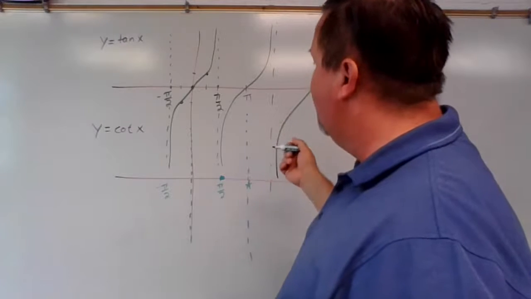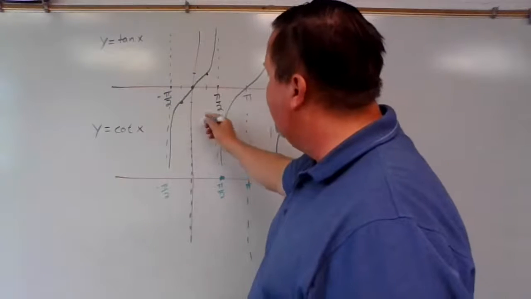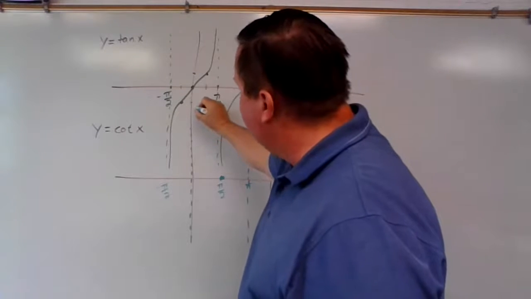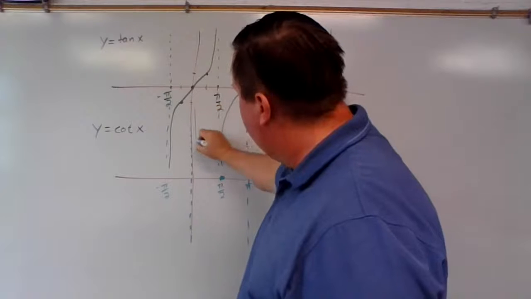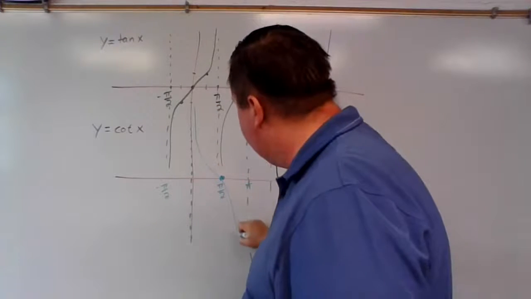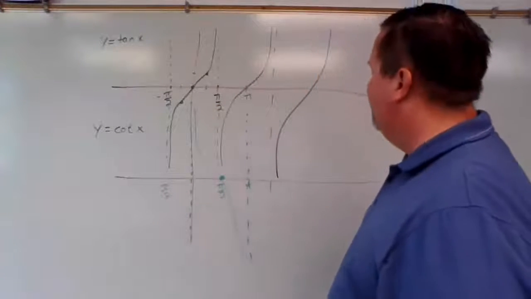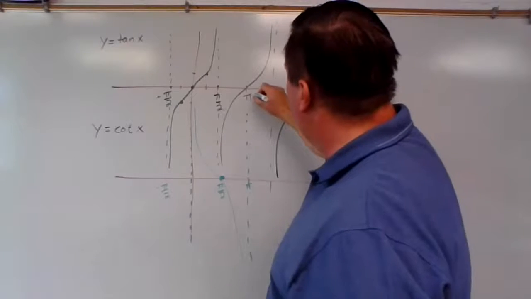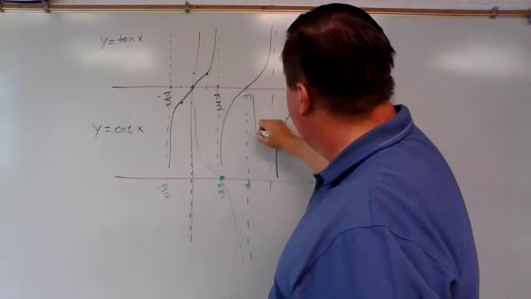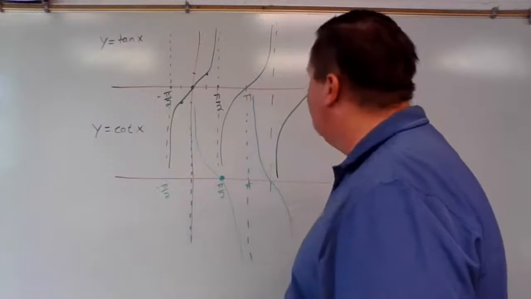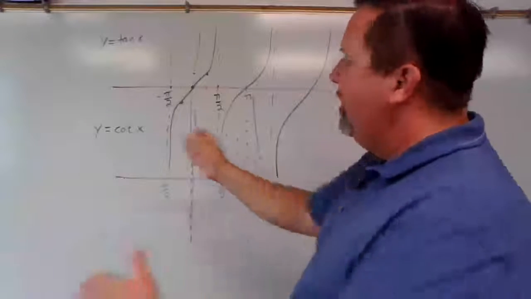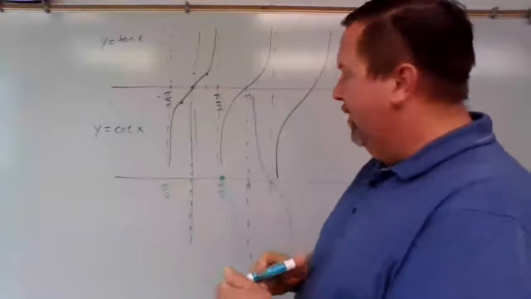So cotangent is going to go like this, where it's undefined here. It's going to come down from positive infinity and then go through 0 and down to negative infinity. And it's going to come from positive infinity and go through 0 and come down to negative infinity. And we get that cycle over and over again.